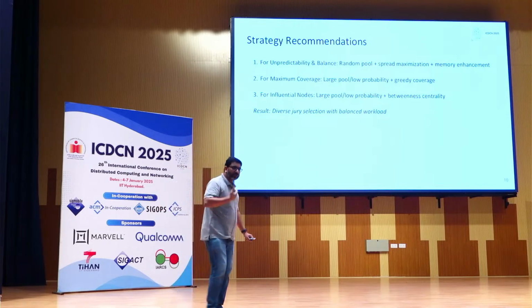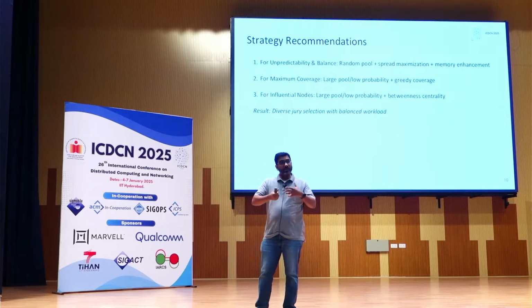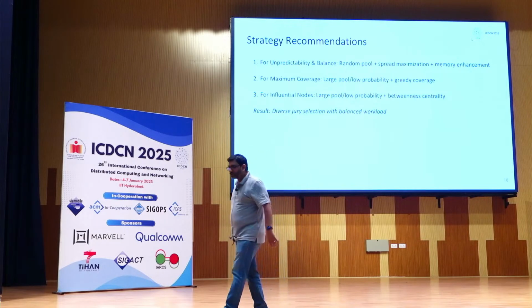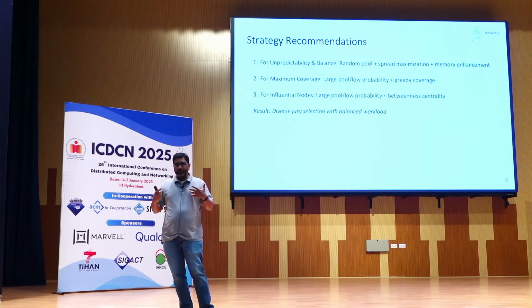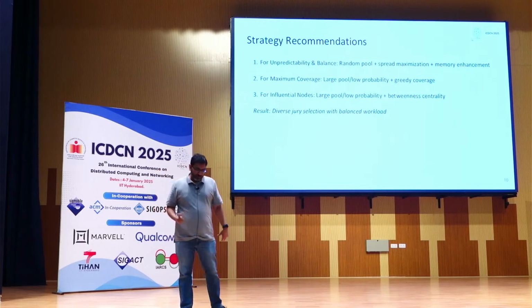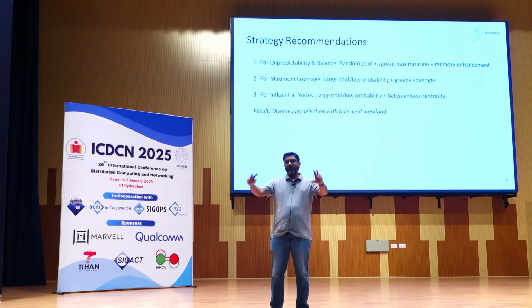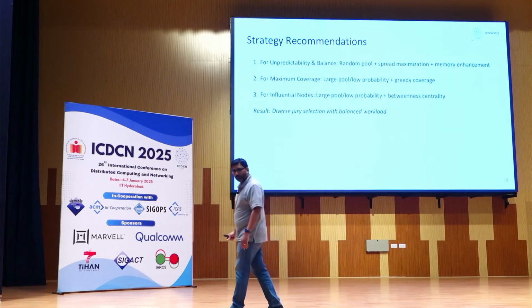But if you repeatedly invoke MIS and you're able to guarantee that the workload gets spread, your chance of being in the MIS is neither too high nor too low. That might be an interesting twist to the type of algorithms that we design. So that is the philosophical takeaway from this line of work.